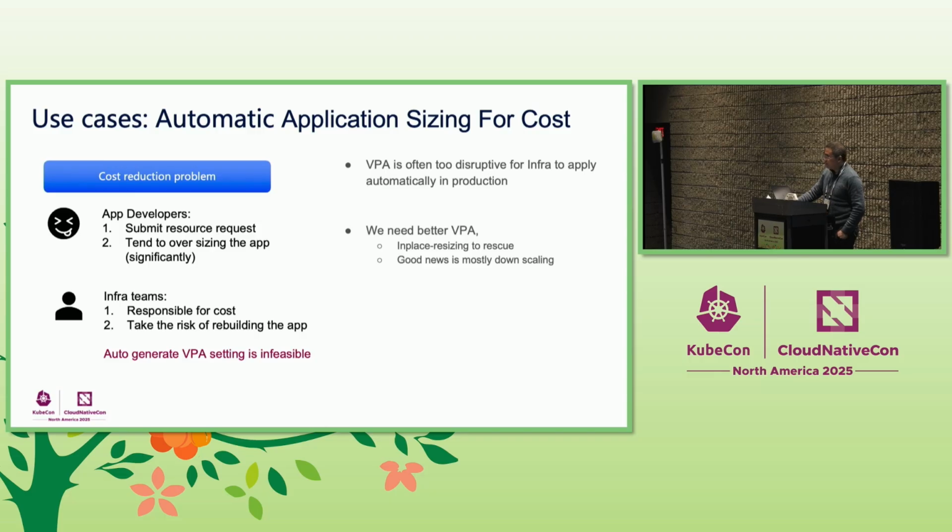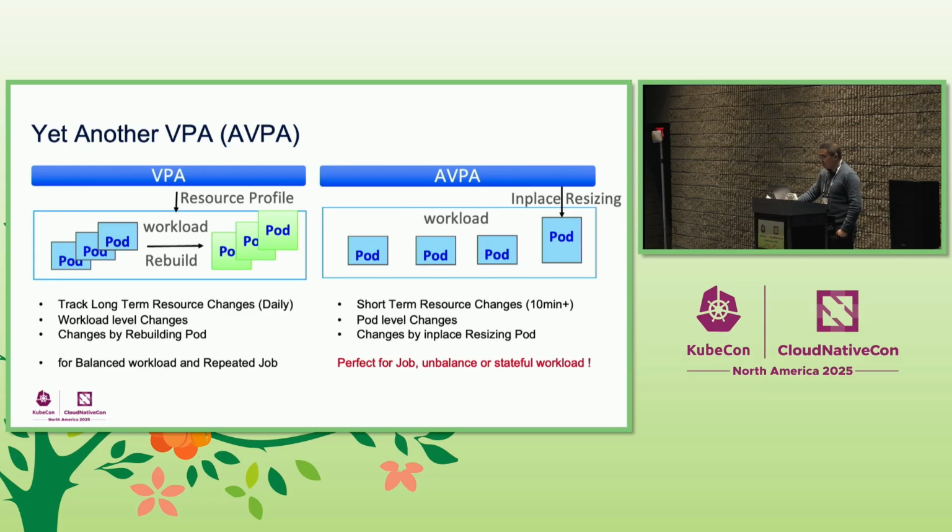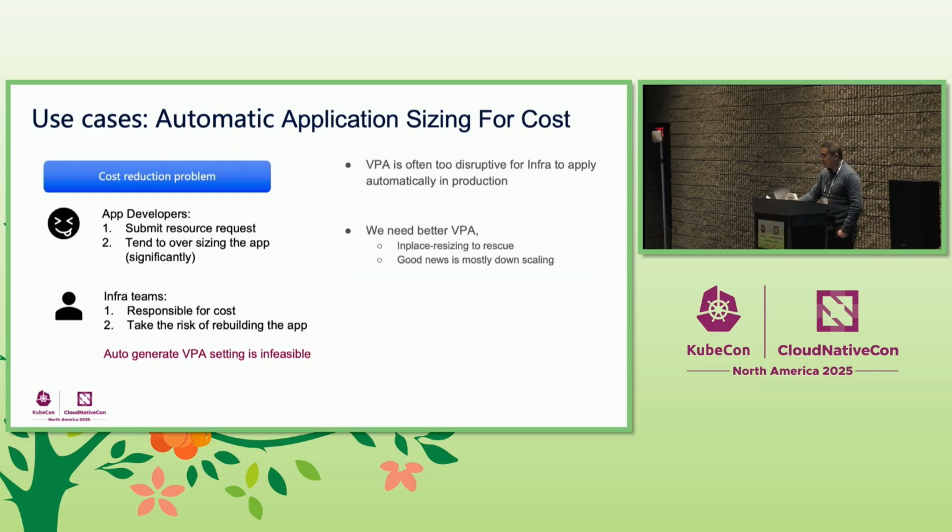On the other hand, the infra team, which is usually responsible for cost reduction, has only one way: to apply a vertical pod autoscaling setting for the application developer team. However, current vertical pod autoscaling just rebuilds the pod, which is quite disruptive for the service.